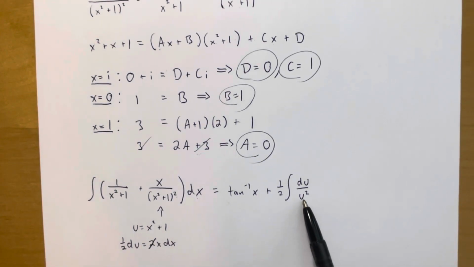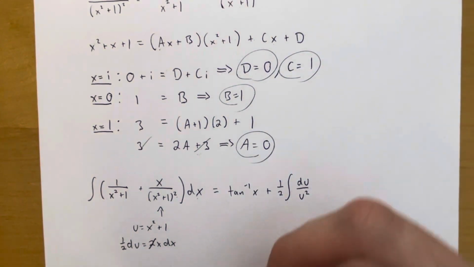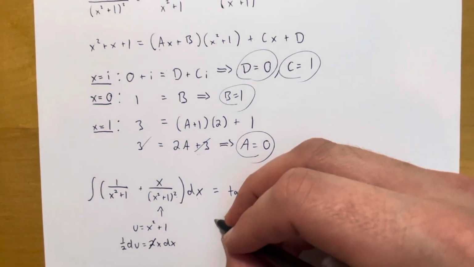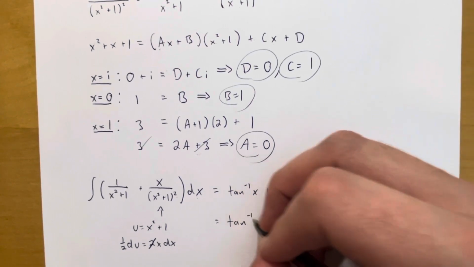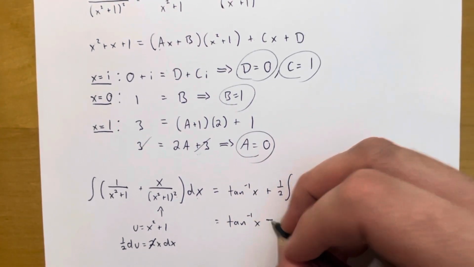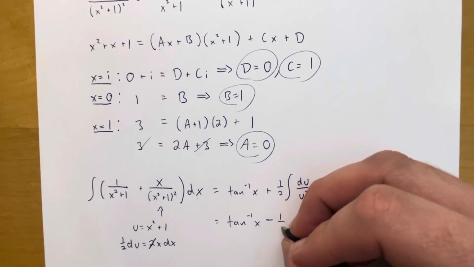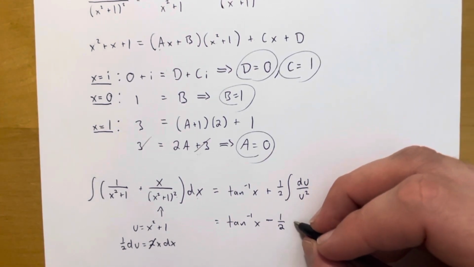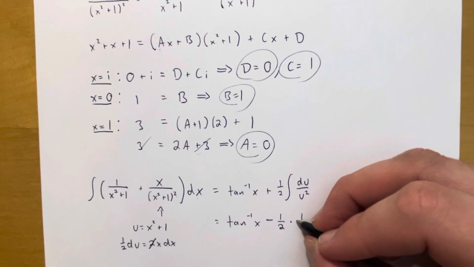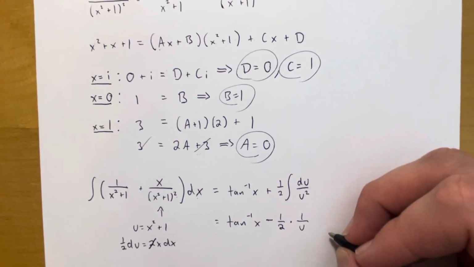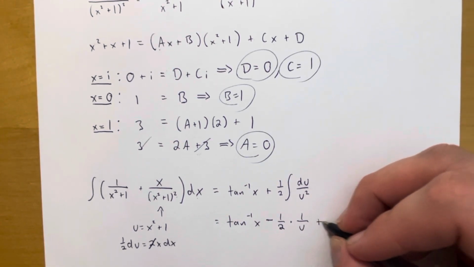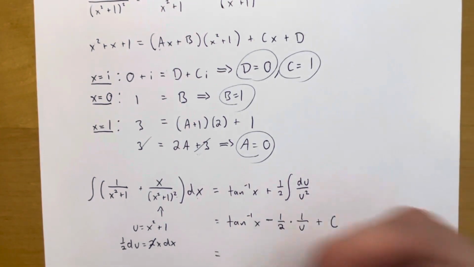That's the same thing as u to the negative 2 power. The antiderivative of this is negative u to the negative 1 power. So I have my inverse tangent of x minus, because a negative is going to come from this antiderivative, 1/2 times 1 over u, that's u to the negative first power, plus c.